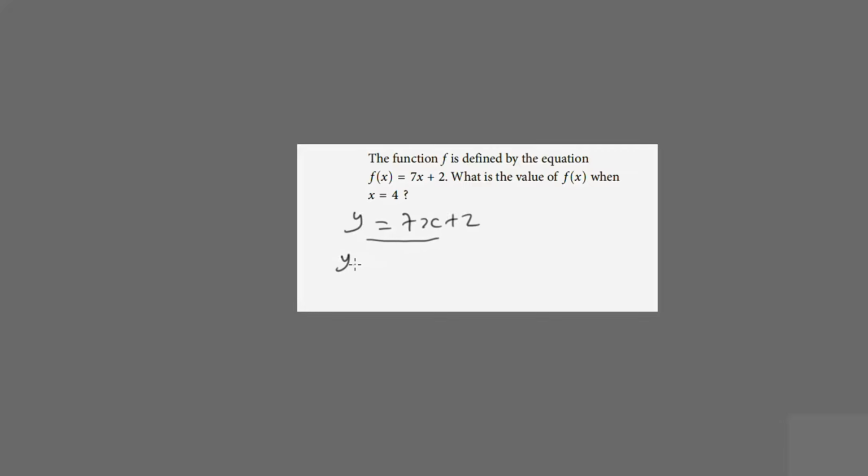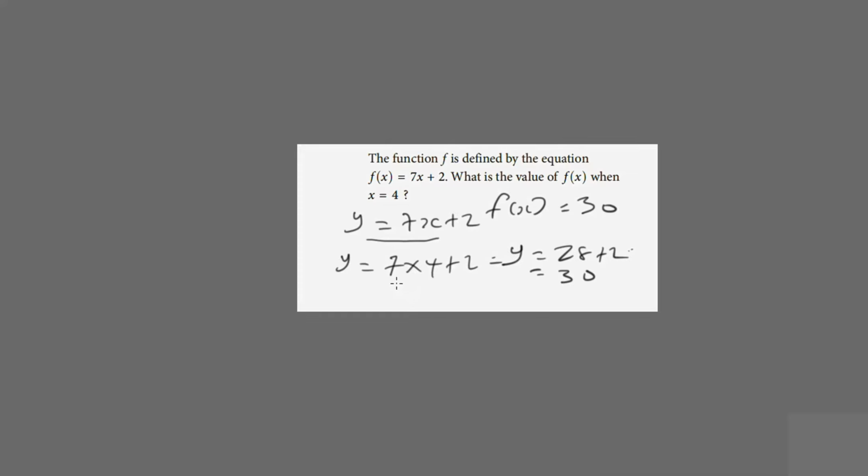So this is going to give us y equals 7 times 4 plus 2, so our y will be 7 times 4, that's 28, plus 2, which will give us 30. So what it means is that our f of x, which is the same as y, equals 30. Right, so that will be the answer to this question.